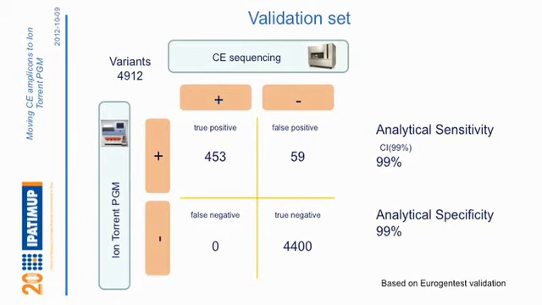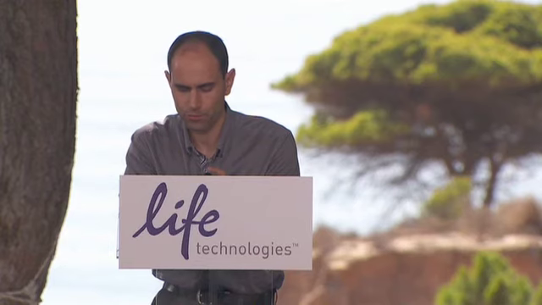So in the end, doing the overall calculation for this approach, it resulted in an analytical sensitivity of 99% and an analytical specificity of 99%, within a 99% confidence interval. So we were pretty happy with this result.